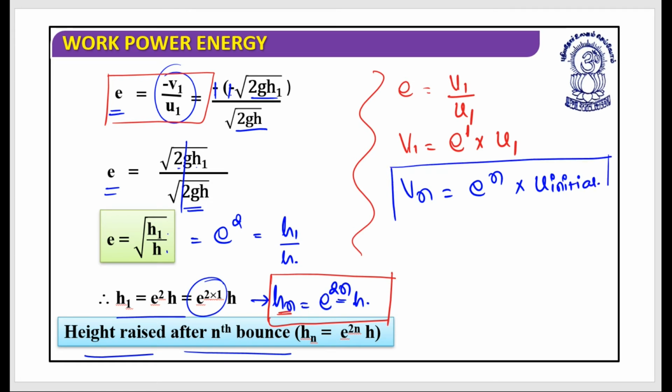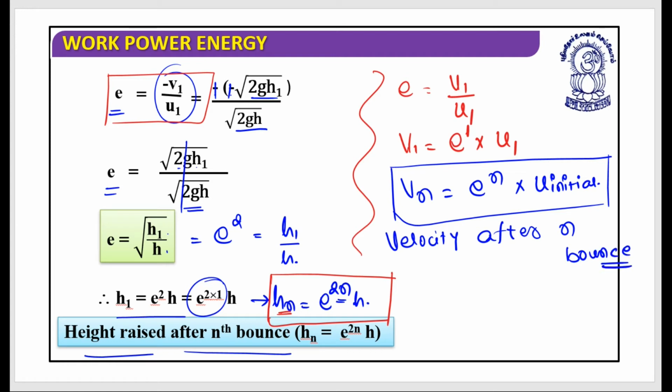So this is vn equals e to the power n multiplied by u initial. So this is the velocity after n bounces, or we can say velocity after n collisions.